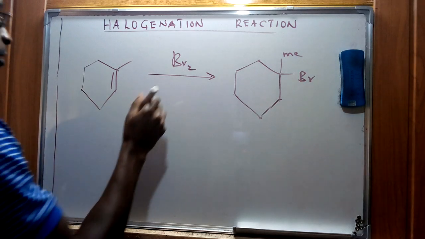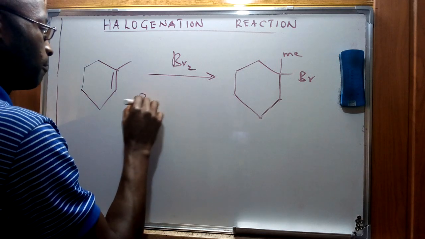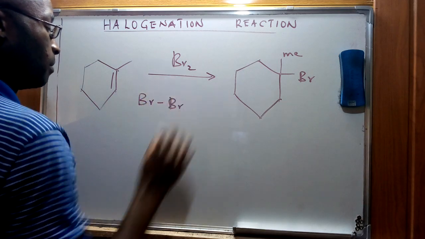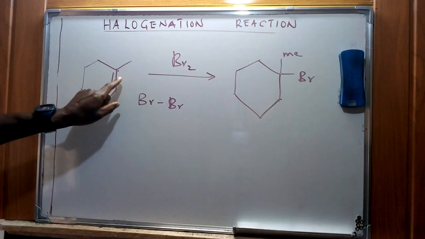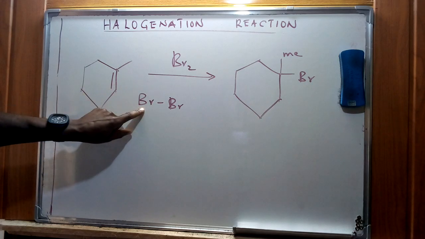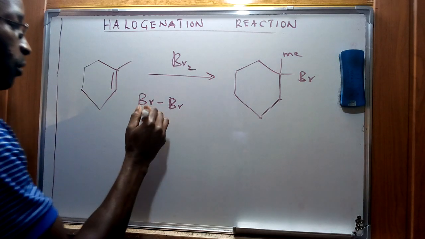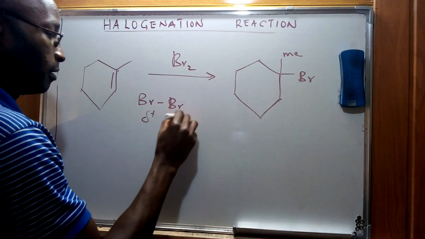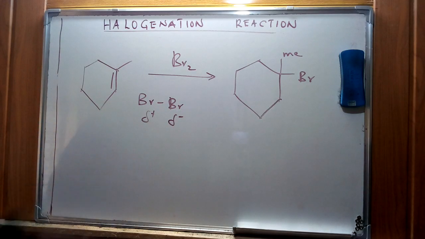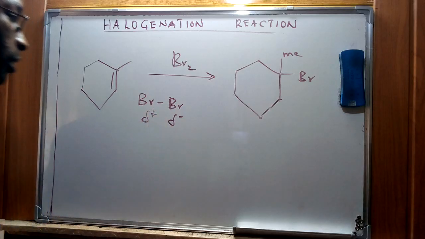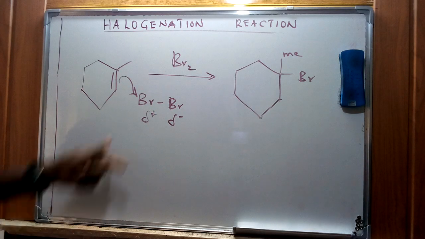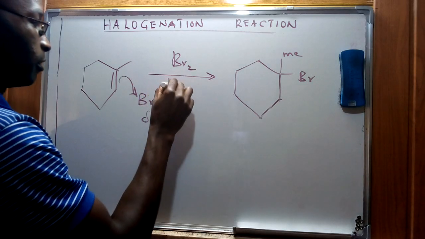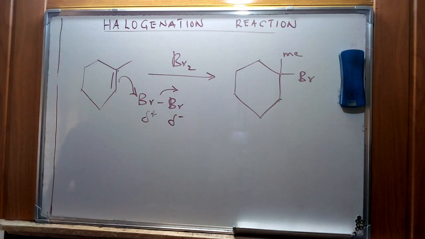Now, as we have already illustrated from our first case, we shall have this bromine molecule showing that specific bond, and the interaction between this double bond, which is electron rich, and this one will lead to repulsion, which will lead to the formation of partial charges at those specific points, and therefore this polarized molecule will be attacked by this double bond, and this of course is going to move in that specific direction.